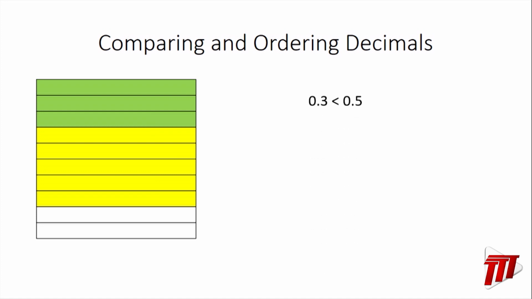So 3/10 is less than 5/10. Remember that the arrow points to the smaller value, or 5/10 is greater than 3/10.